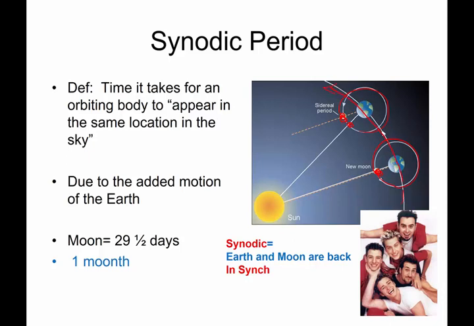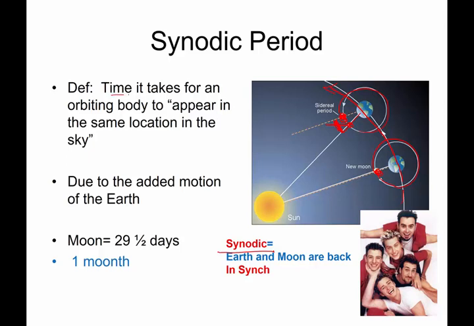So the moon actually has to move a little bit further so that we see it in exactly the same spot in the sky that we did last time. That is called the synodic period.